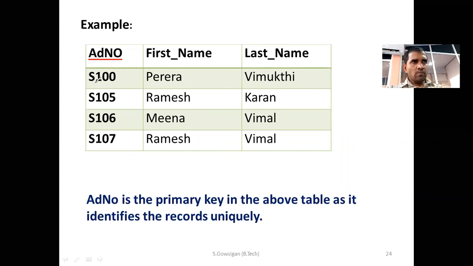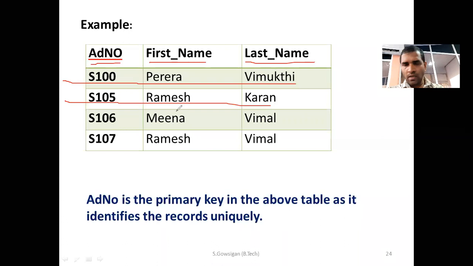In this table, you have admission number. This is a field. You have first name, another field. You have last name, another field. So you have 3 fields. You know about records, right? What is the first record? This is the first record: S100 Pereira Vimukti. S105 Ramesh Karan is the second record.